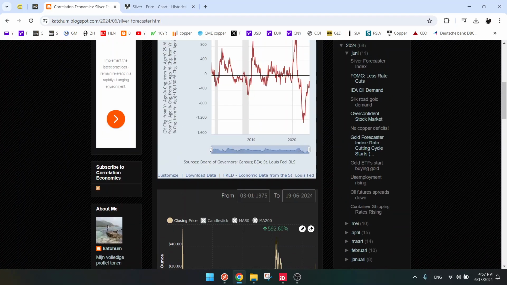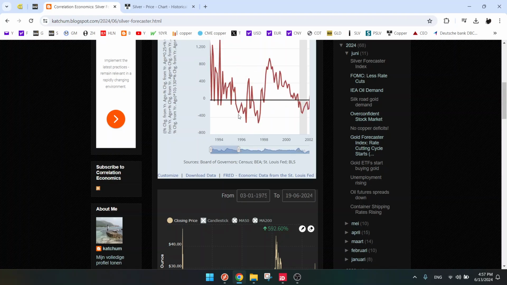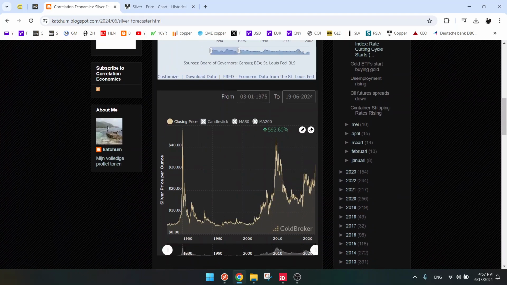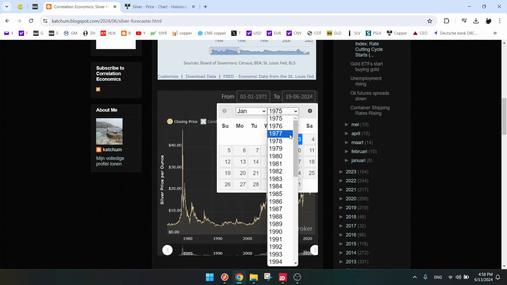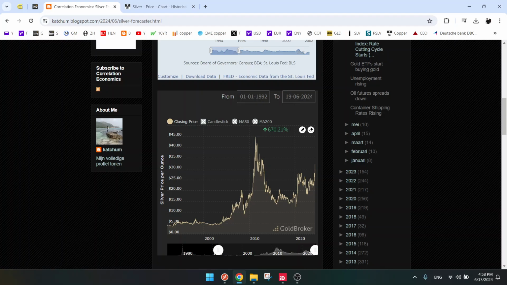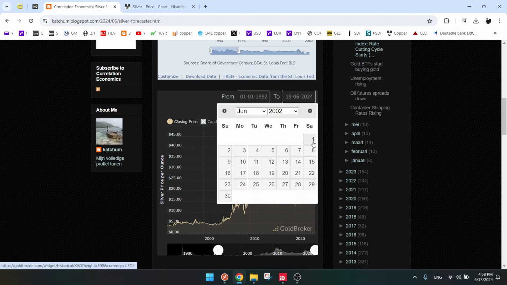When we actually go up until 1975, let's see if we can go even further and see if this correlation works. Let's do 1993 to 2001. So 1993, let's say 1992 to 2002.